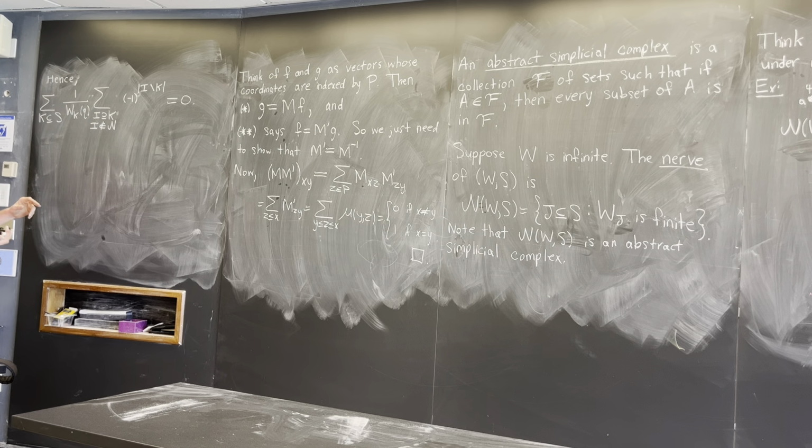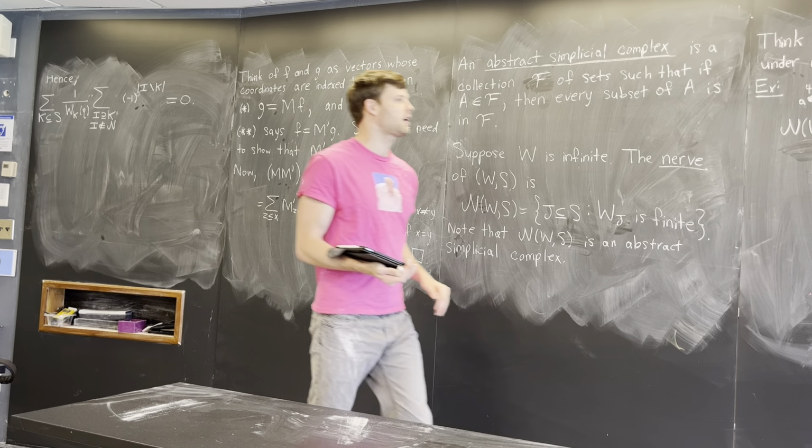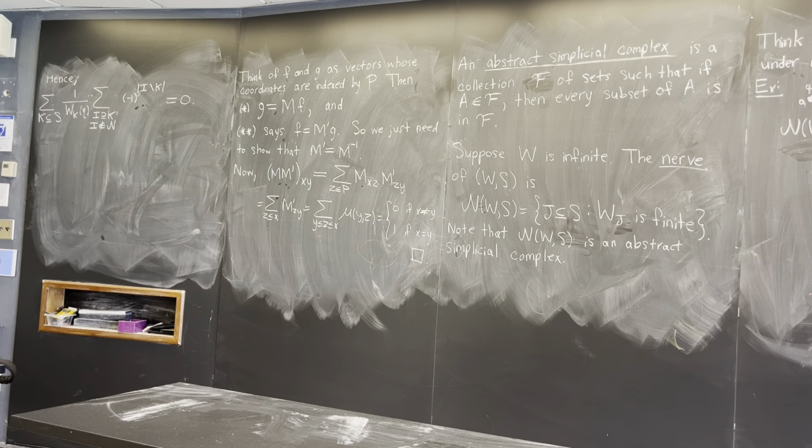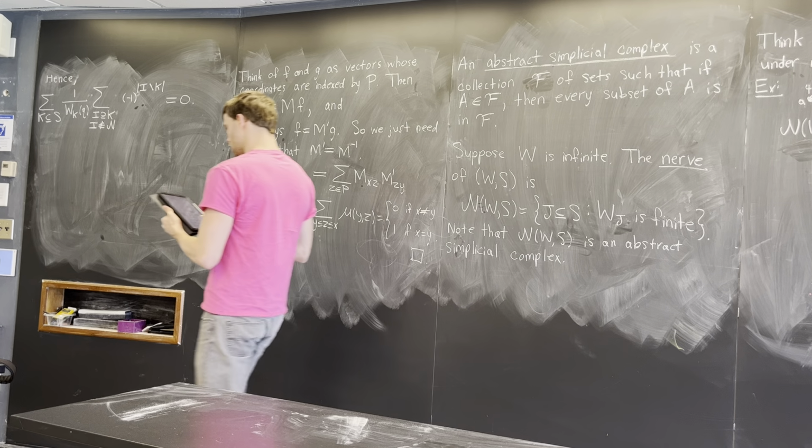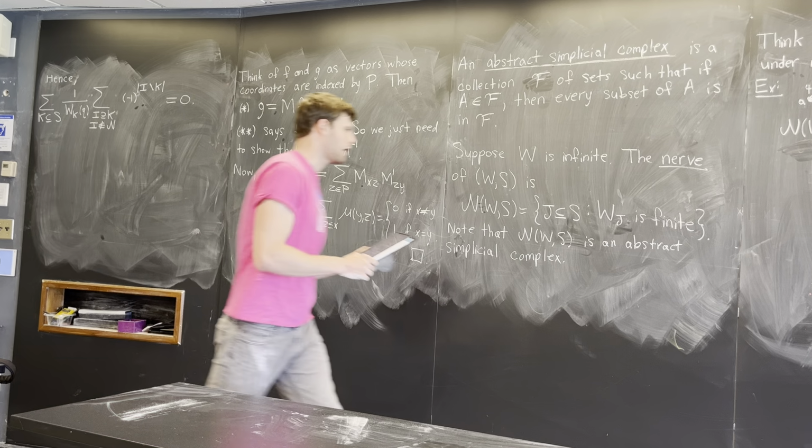I'm just rearranging that sum there, pulling out the 1 over w of k, and I've replaced size of k with size of I minus k, but that's not really going to change anything, I think. Oh, sorry. I know what I should do.